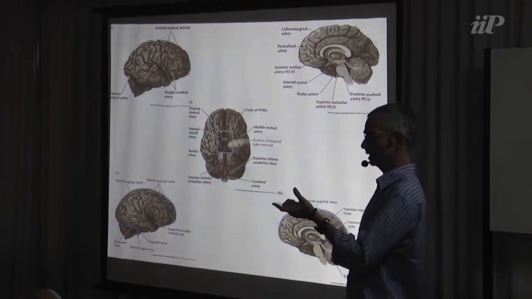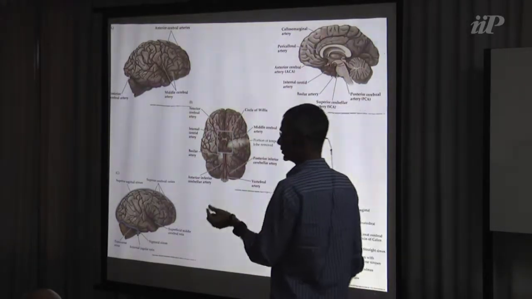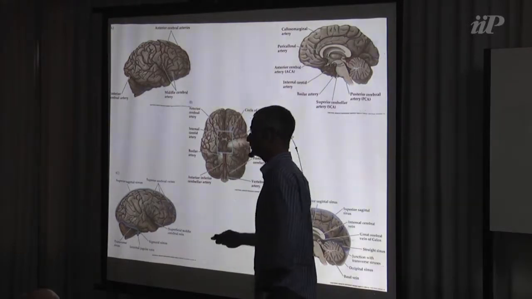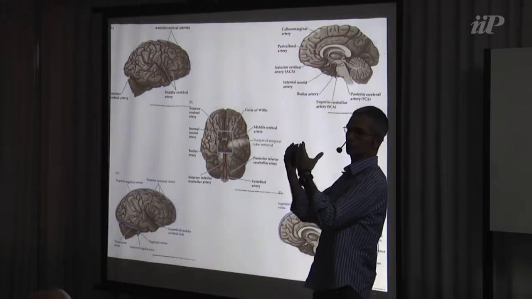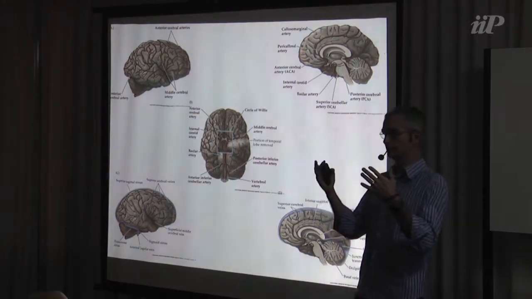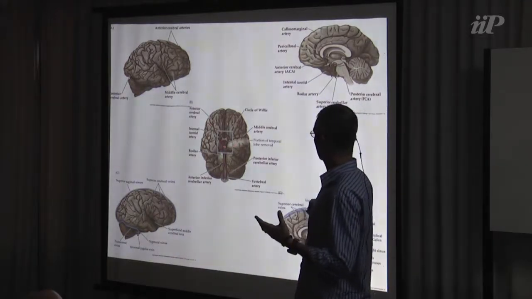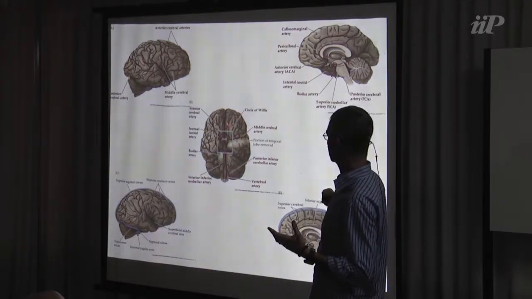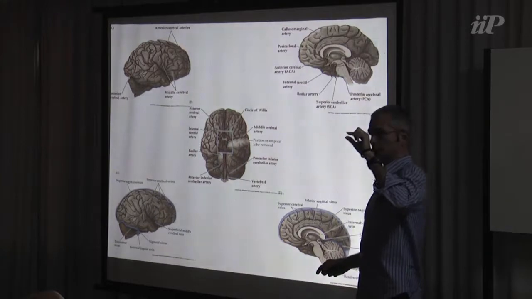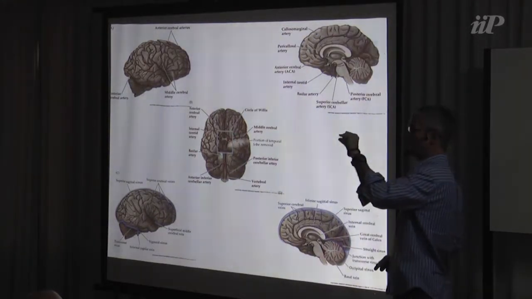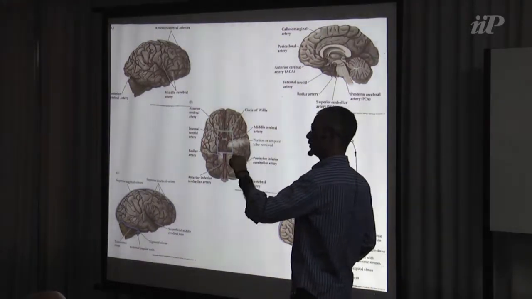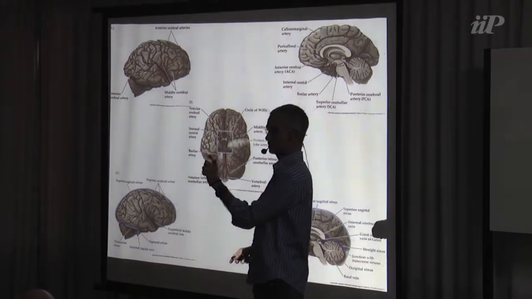They do not dilate, they do not constrict. They are pretty much vessels that are capable of taking the blood all the way up to the brain. Once you are in these main arteries, they start decreasing their diameters up to a point that they are what we call arterioles.